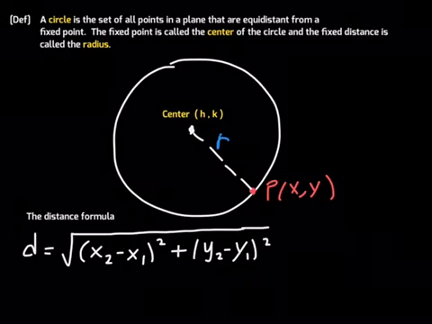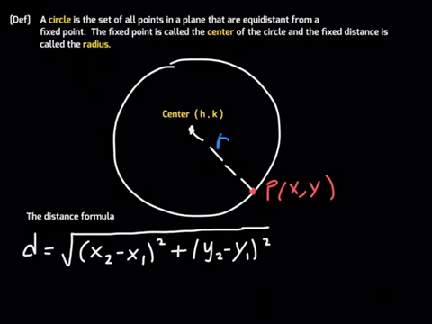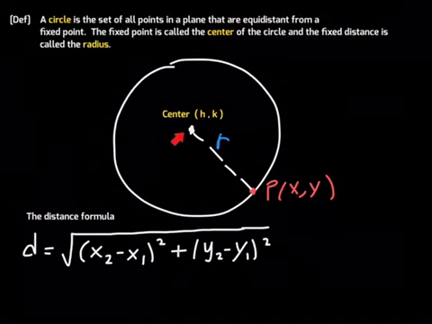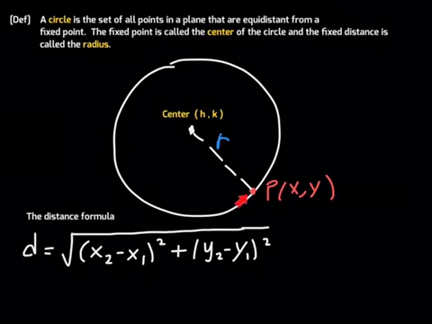So that was a mouthful. So basically you have 2 points here, and the 2 points that we want to plug into the distance formula are the center and this random point on the circle, x comma y.